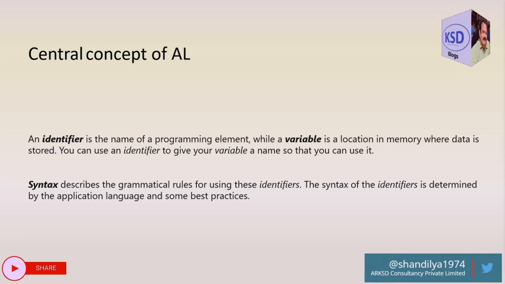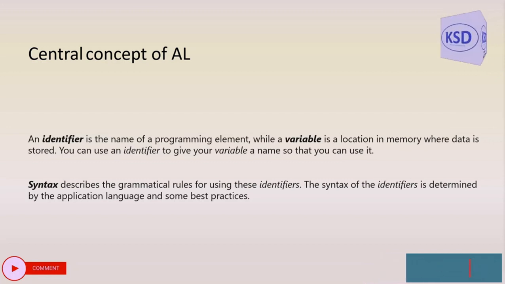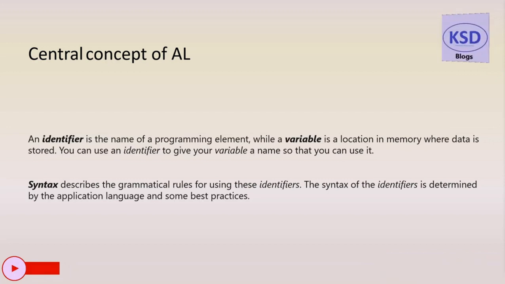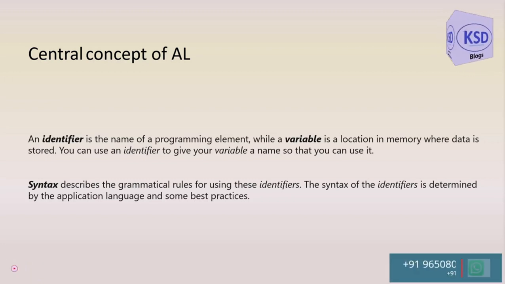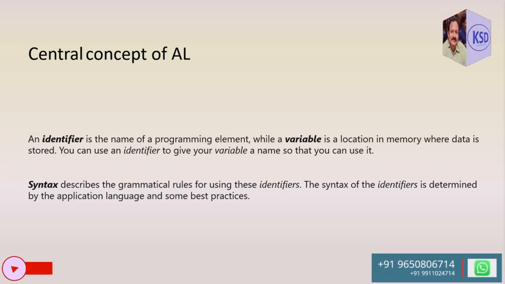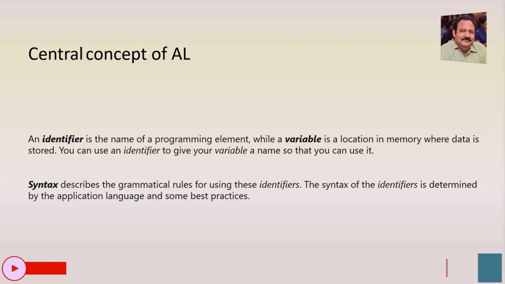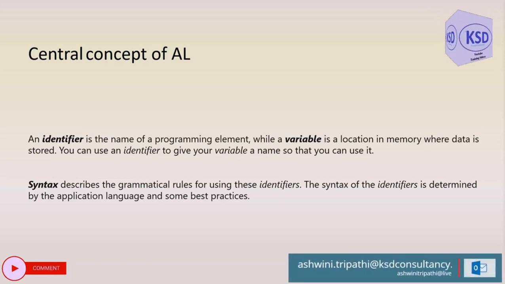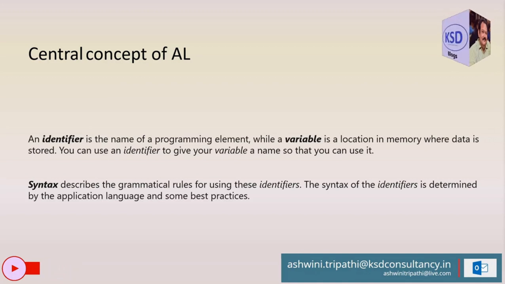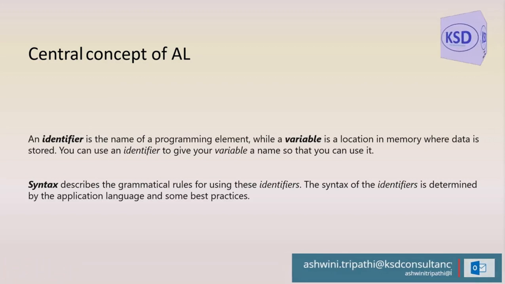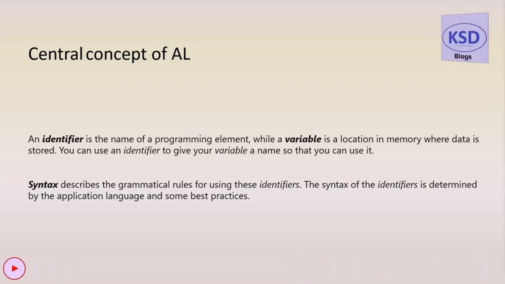This variable is given a name for the location where that value will be stored. So you can use an identifier to give your variable a name so that you can use it, because it is not possible to easily access the addresses of the memories. So better, you define a name.